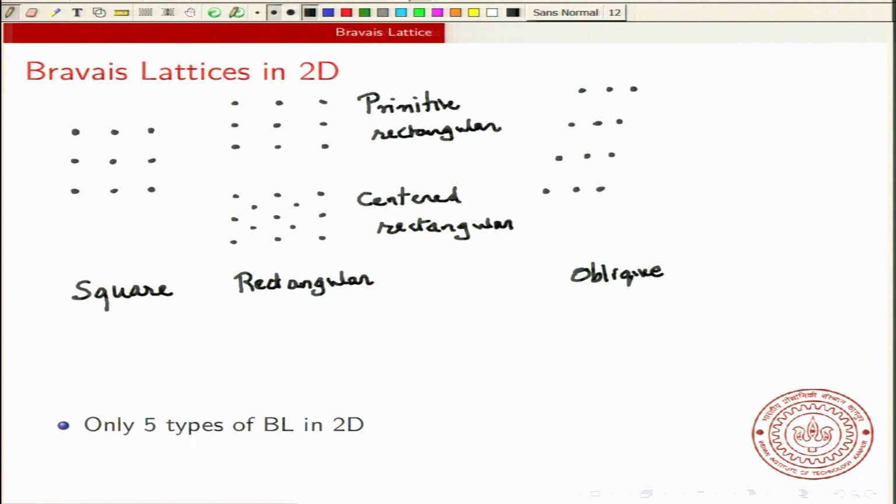Then the last one is a triangular lattice, where you essentially take equilateral triangles and make a lattice with them.